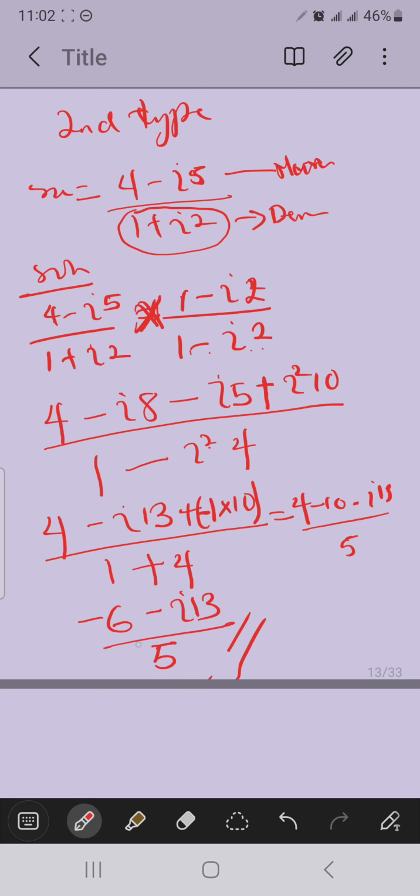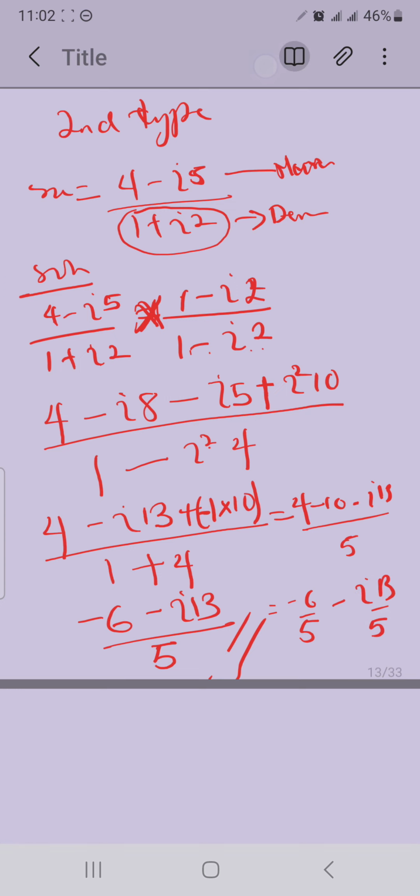You can decide to have it in division form, and I really hope you understand. You can have it like this: minus 6 over 5 minus i13 over 5. They are the same thing.